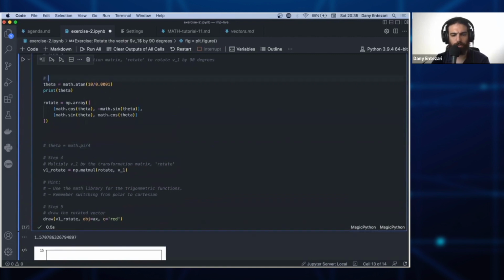This is going from polar to Cartesian. And this is degree to radian.